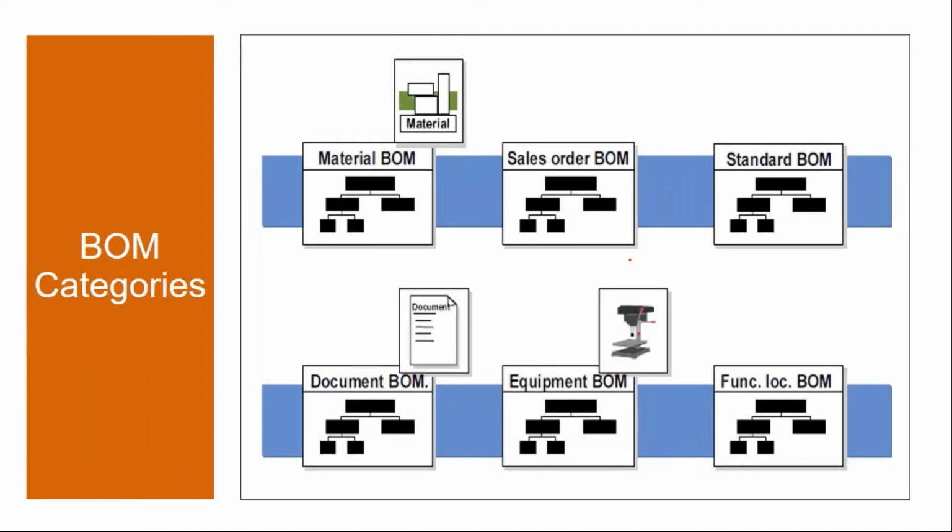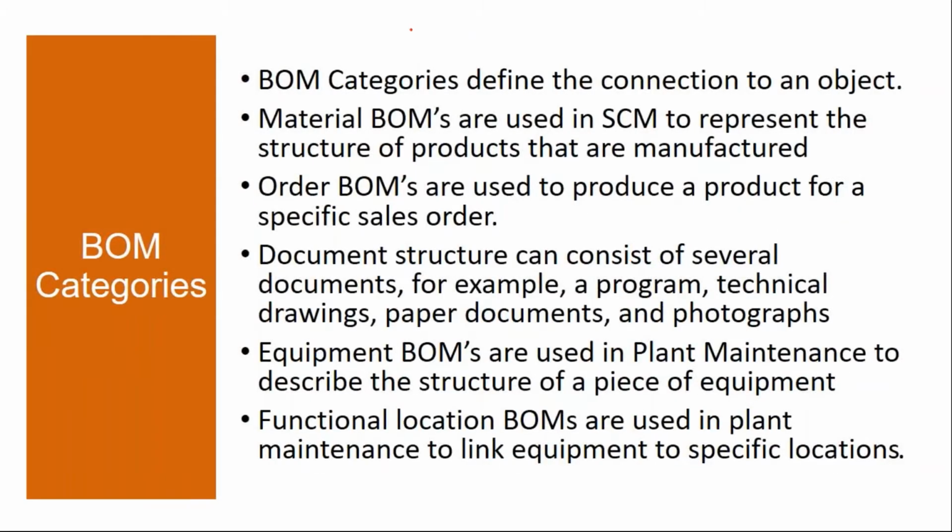So let's move on. Now we will understand BOM categories. BOM categories define the connection to an object. Material BOMs are used in SCM to represent the structure of the products that are manufactured.